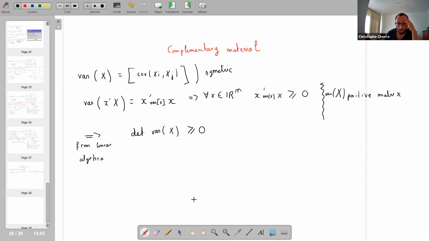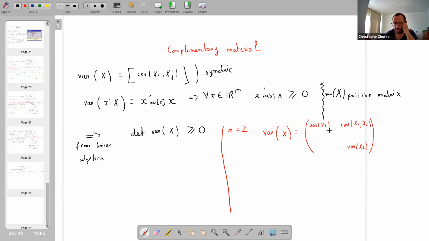Okay. What is the consequence of this for n equal to 2? For n equal to 2, okay, my variance covariance matrix is simply variance of x1, variance of x2, covariance between x1 and x2.